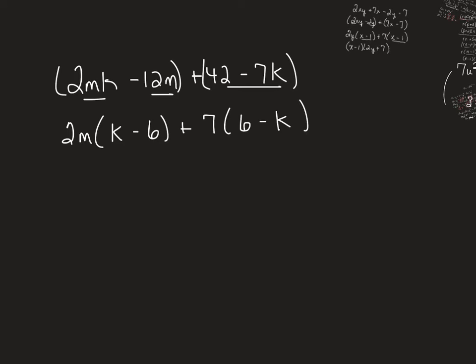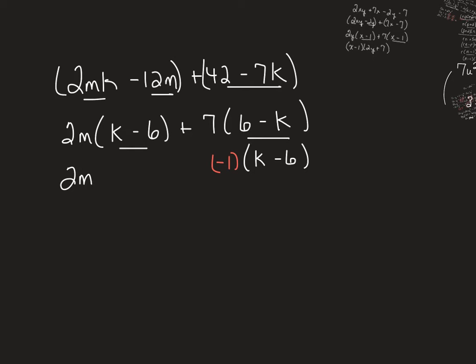Now notice, that's almost what I want. These are additive inverses of each other. So what I can do to fix that is factor out a negative 1 in this second term. If I do that, I'm going to end up with k minus 6, because negative 1 times k is negative k, and negative 1 times negative 6 is positive 6, which is what I started with.